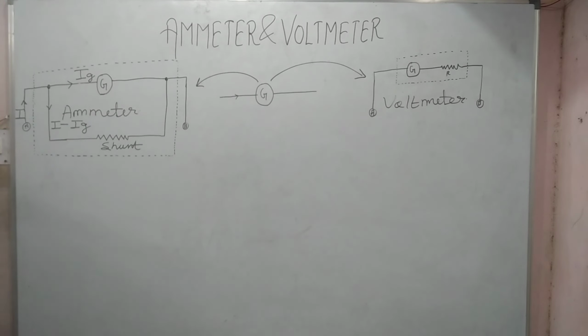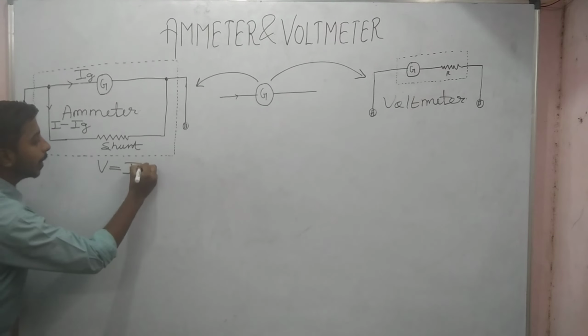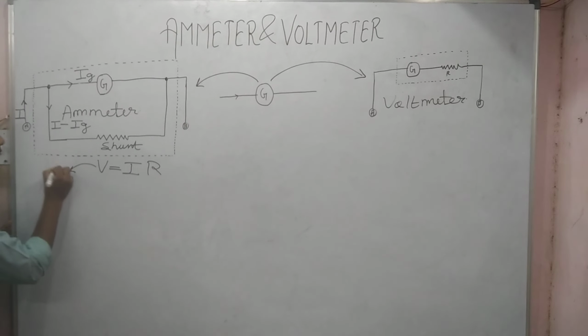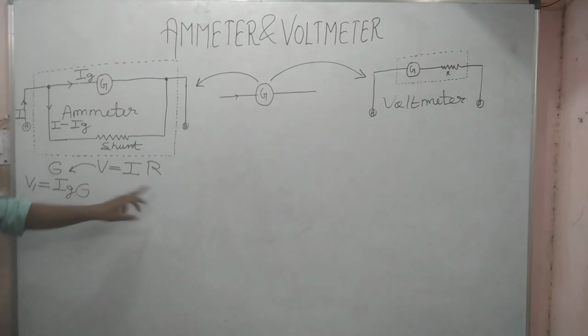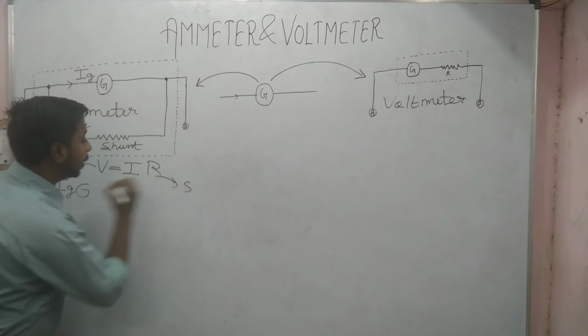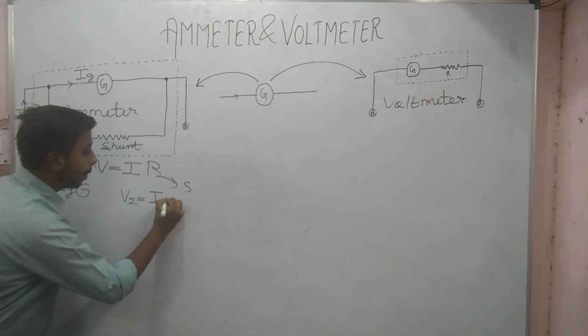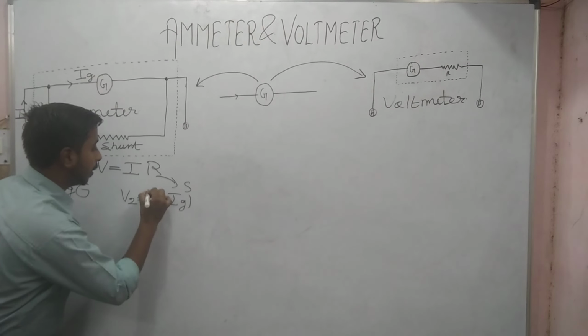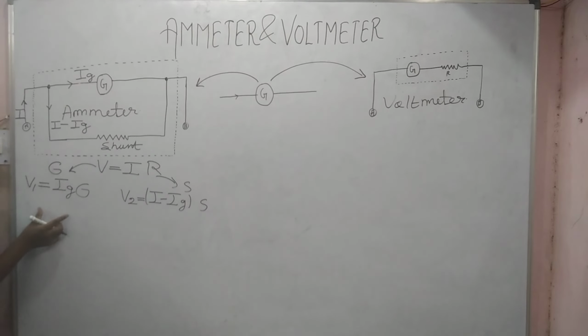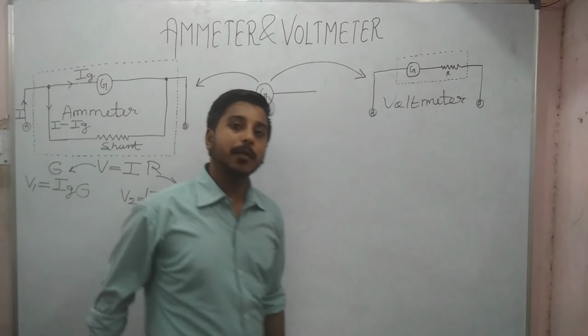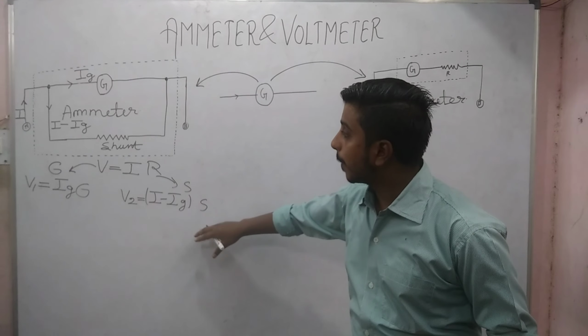Since both are in the parallel arrangement, voltage will be the same, that is the voltage in this part of circuit and this part of circuit will be same, and as we know V is equal to IR. Now for galvanometer we can write V1 is equal to Ig into G, where G is the resistance, and for shunt resistance V2 is equal to I minus Ig into S. V is equal to IR applied for upper part of circuit and V is equal to IR applied for shunt.